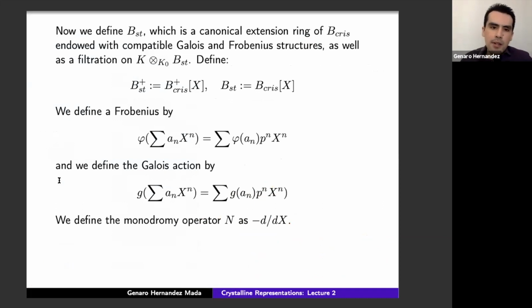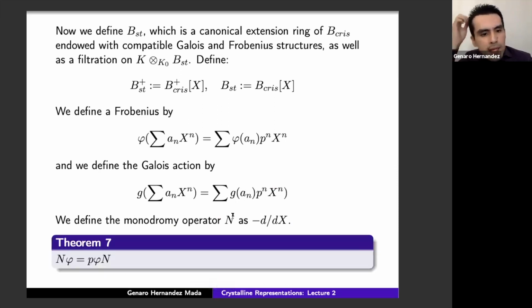Yeah, and here we are going to have a new thing that we didn't have before, which is the monodromy operator, which in this case is just minus derivative in the polynomial ring. And the big theorem is that they are related in this way.